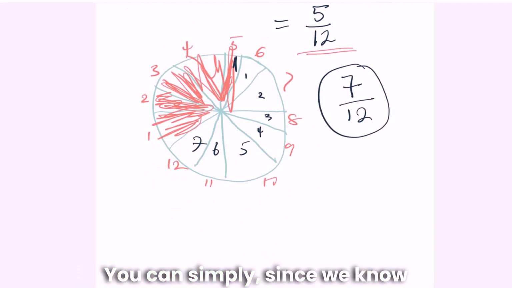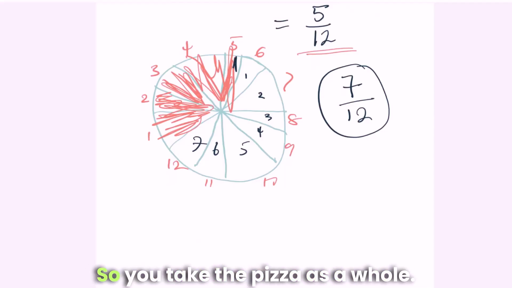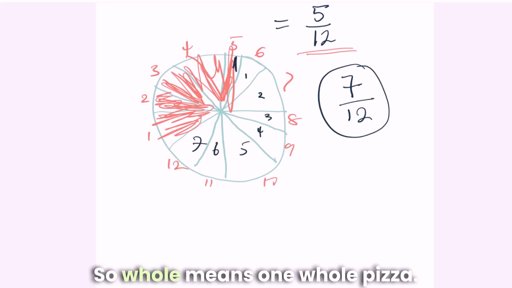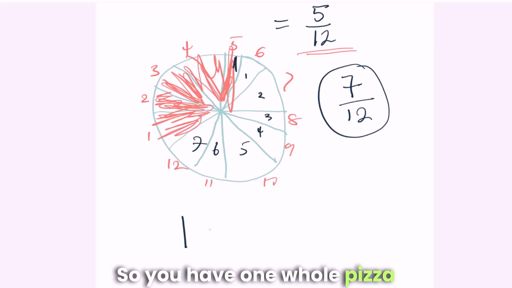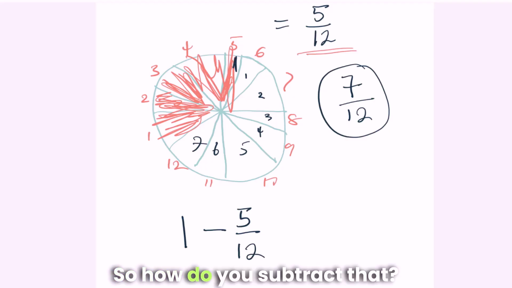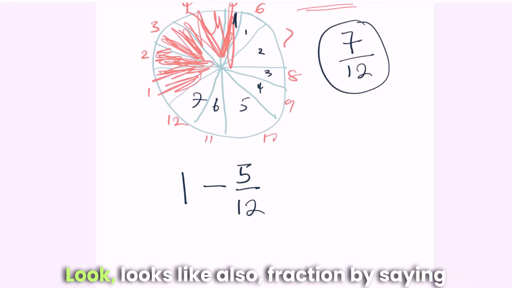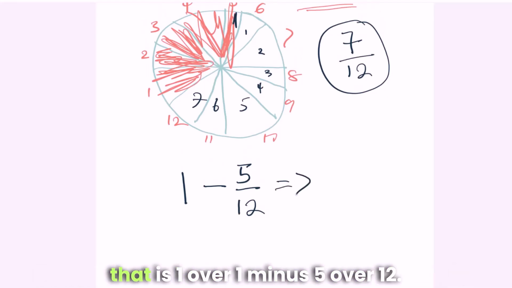Since we know the fraction that's eaten, you take the pizza as a whole. So whole means 1 whole pizza, minus 5/12. So how do you subtract that? Since 1 whole can also be written as a fraction, 1/1 minus 5/12.